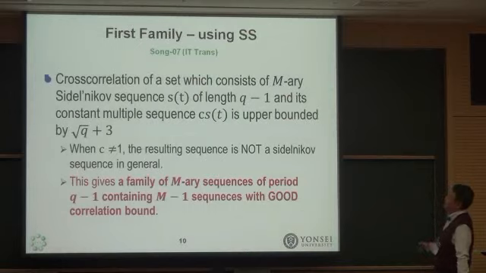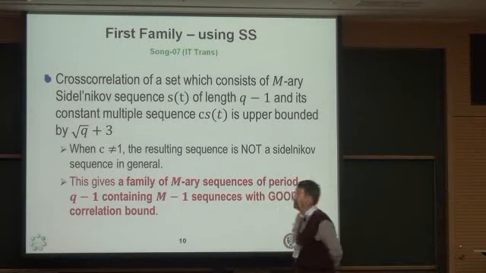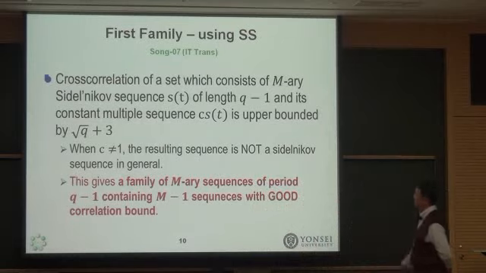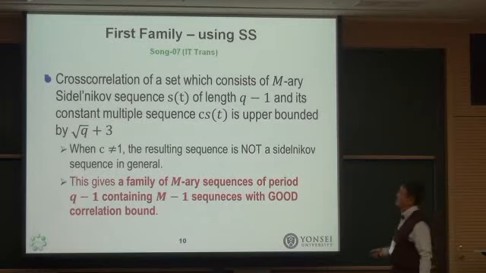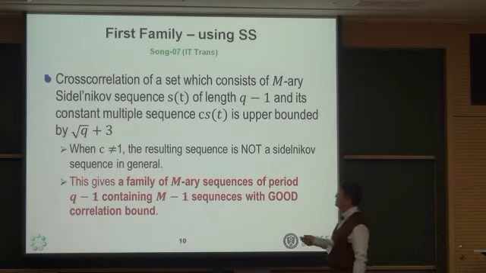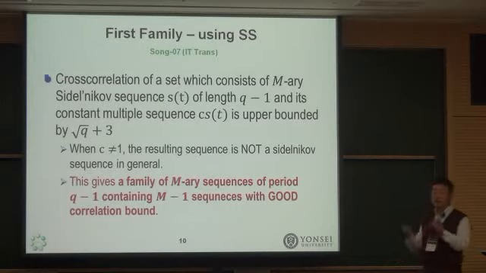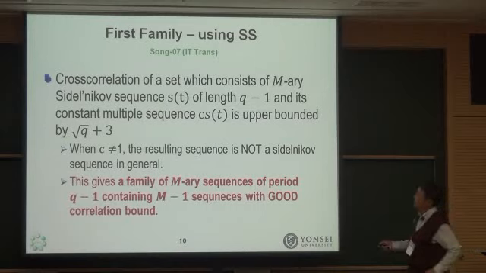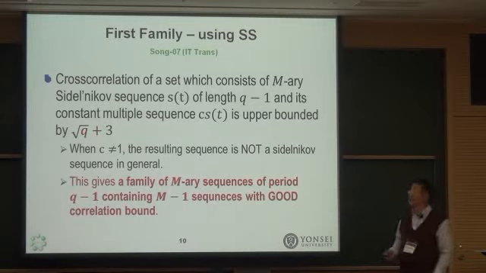So instead of changing the primitive root, I just take constant multiples. So I was able to construct a set of M-ary sequence families, one from the Sidelnikov sequence. And the constant multiple is not necessarily a Sidelnikov sequence in general. So only one member is a Sidelnikov sequence, and the others are all different constant multiples of that. And I was able to show the cross-correlation is bounded by square root of q plus 3, which is marvelous.